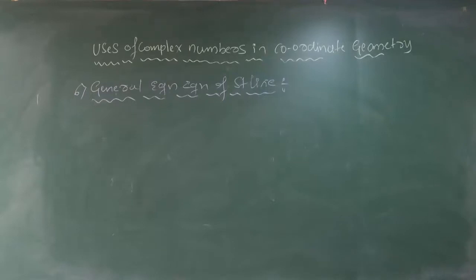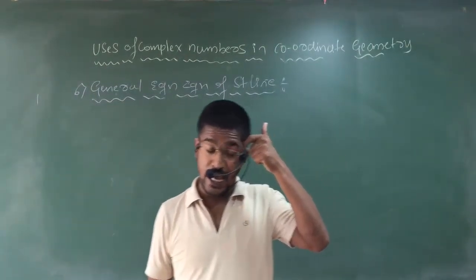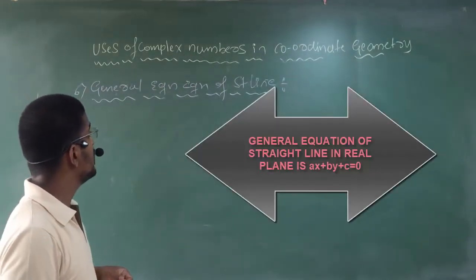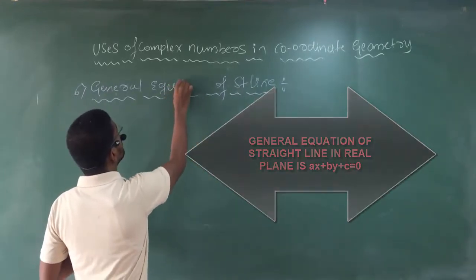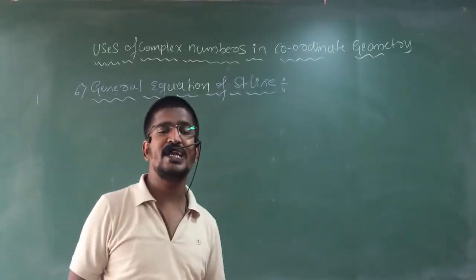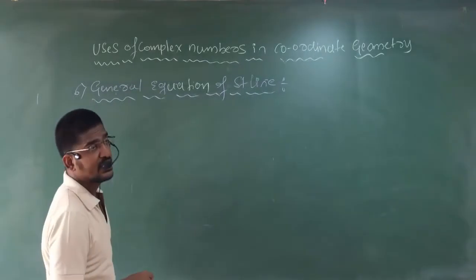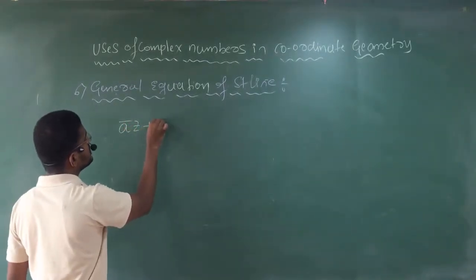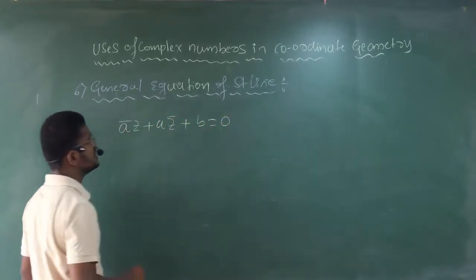Okay, students. Now let us see what the general equation of a straight line is. The general equation of a line is given by a bar z plus a z bar plus b equal to 0.